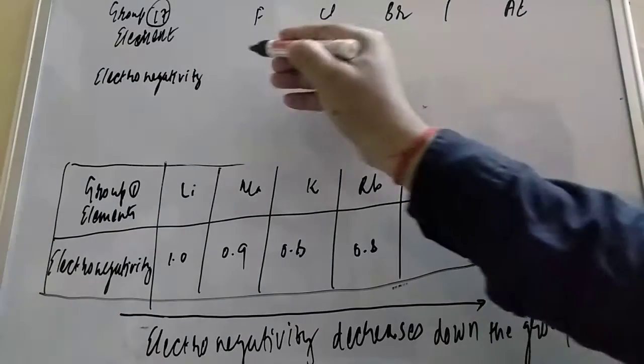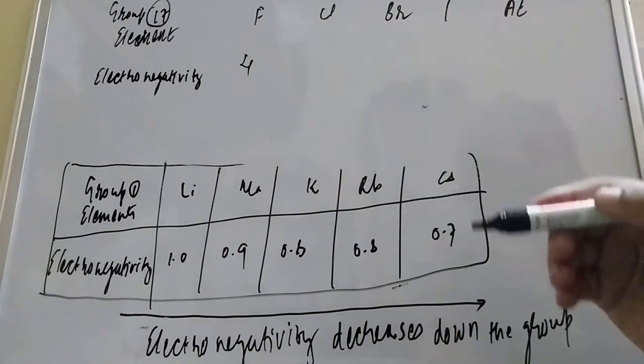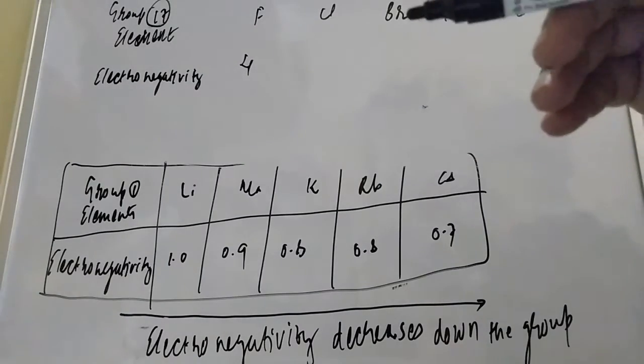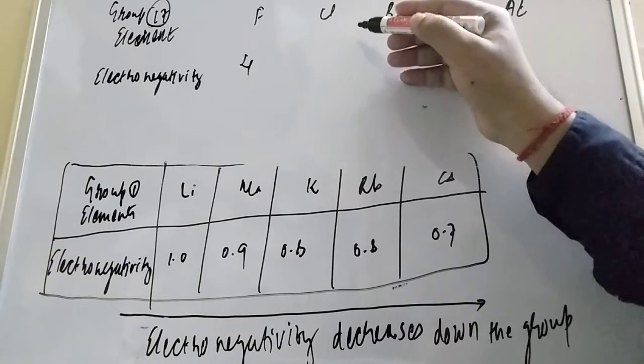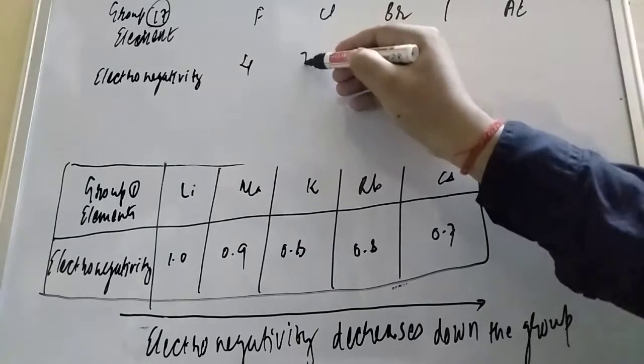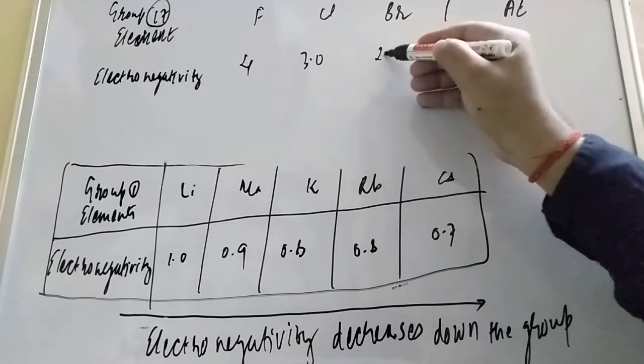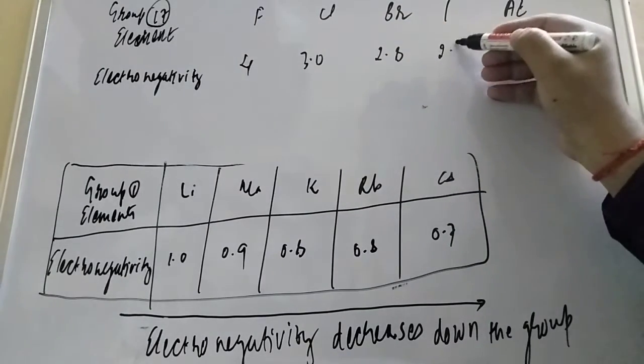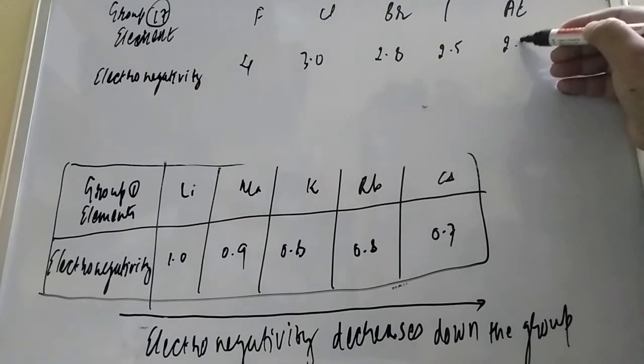Fluorine is the highest electronegative atom, and the Pauling scale gives it the value 4. Chlorine is 3.0, bromine 2.8, iodine 2.5, and astatine 2.2.